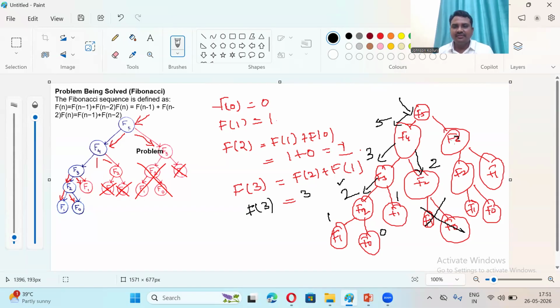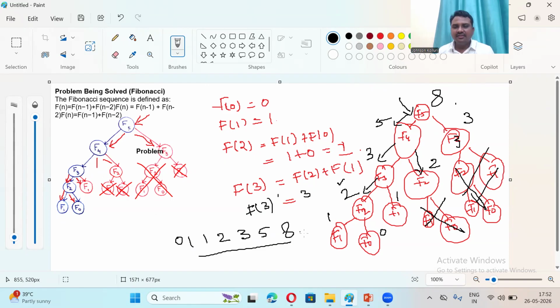Similarly F3 also has a value, 3. No need to calculate all these steps. We reduce these steps using dynamic programming. 5 plus 3 is 8. Then what is the sequence? 0, 1, 1, 2, 3, 5, 8.